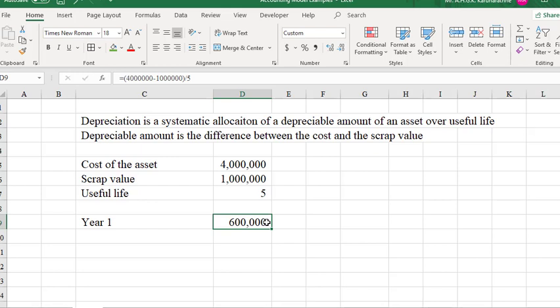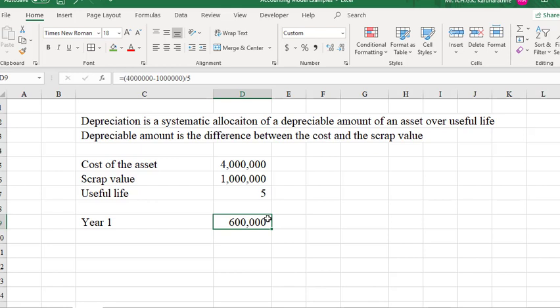First year depreciation is 600,000. Second year depreciation is 600,000, assuming the straight line method. Third year 600,000. This is the way we compute depreciation.